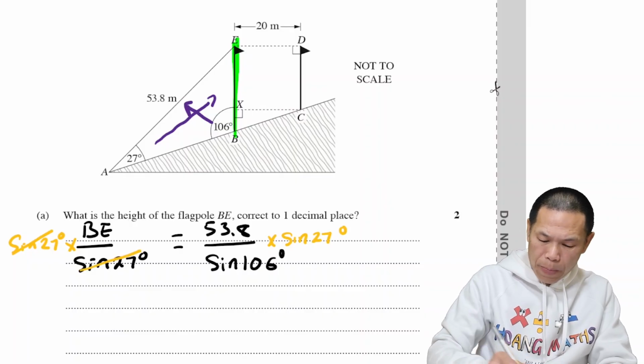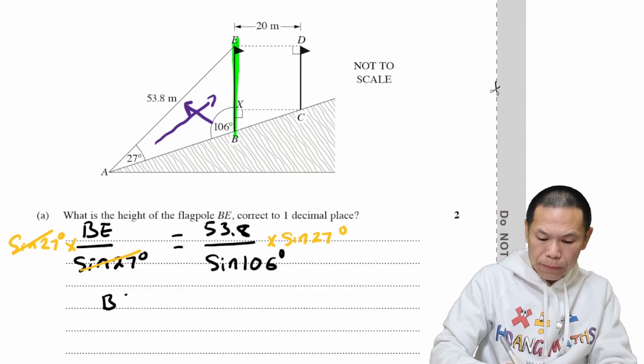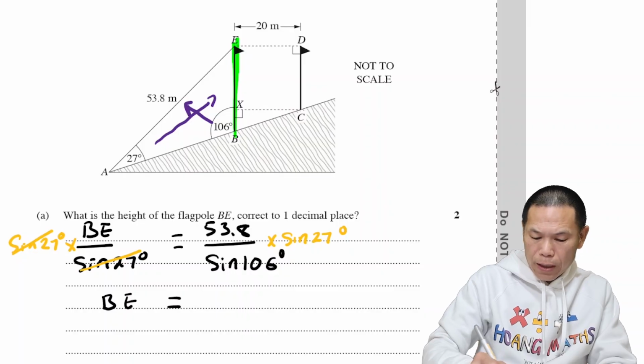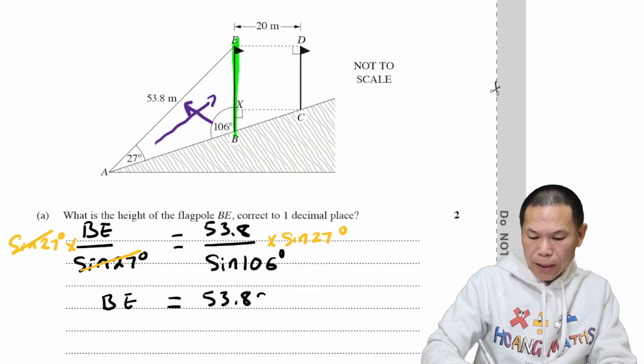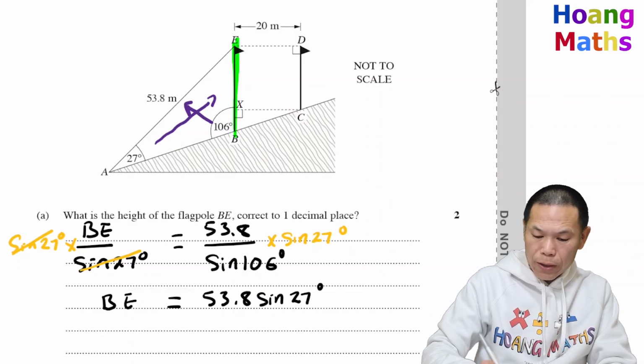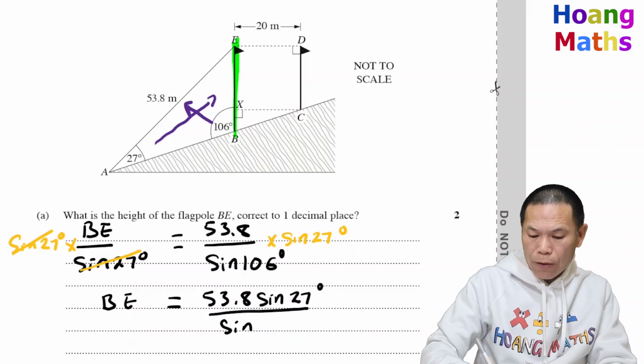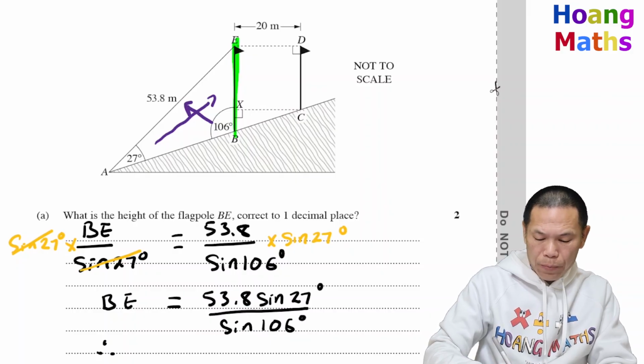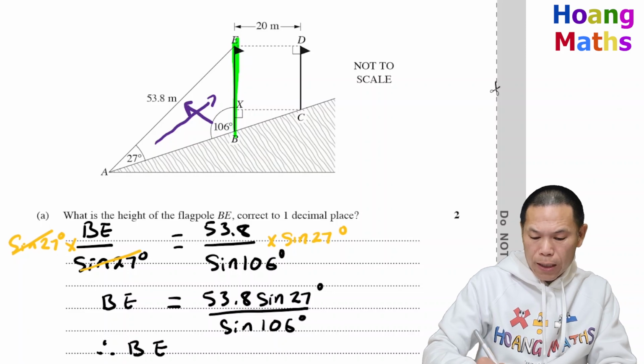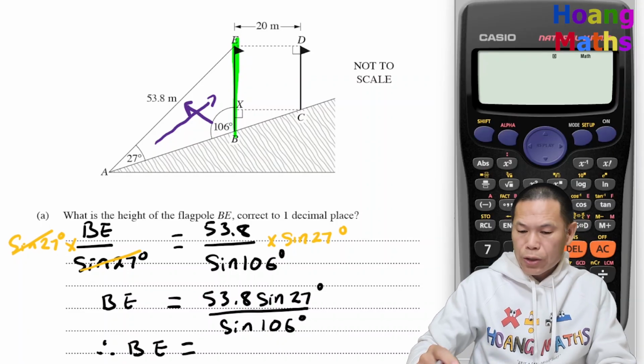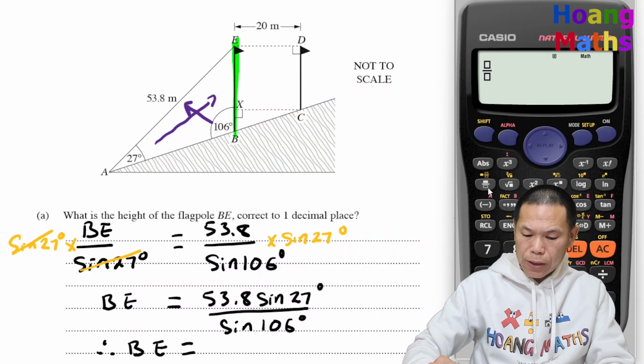That means BE is 53.8 sine of 27 degrees over sine of 106 degrees.